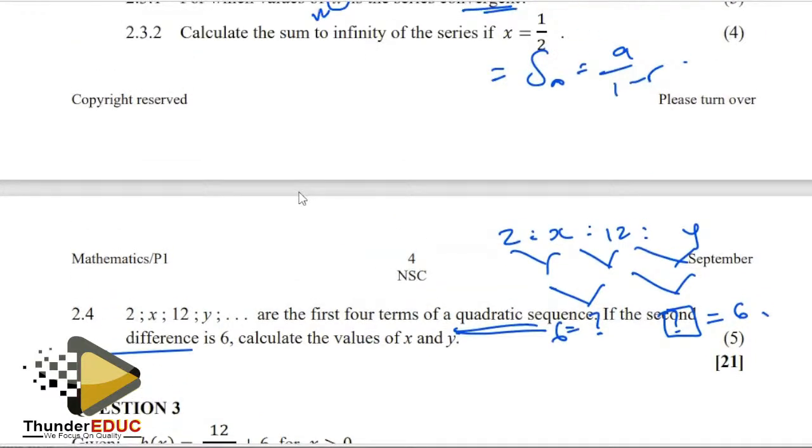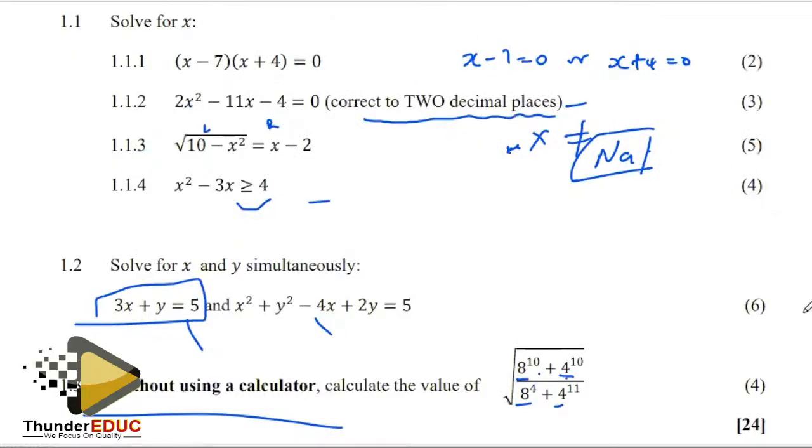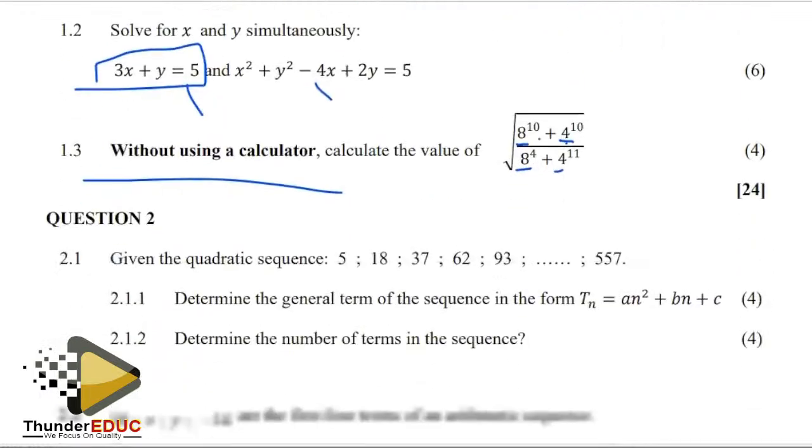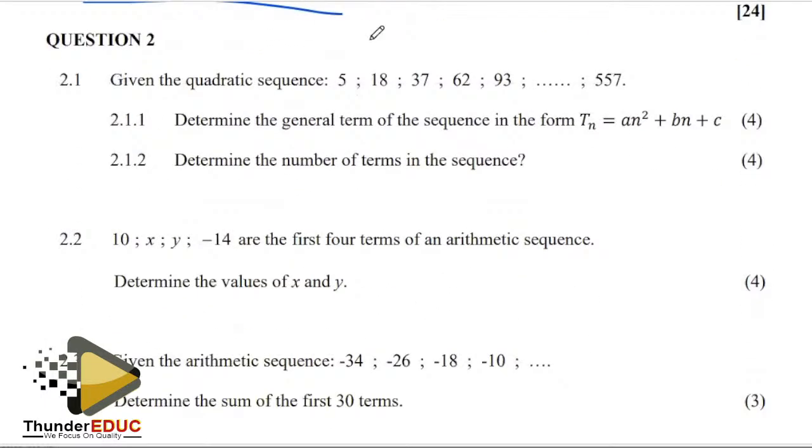Okay, that was just one paper. Let's look at the other one. Okay, so with this one, they are telling us we have a quadratic. So we can get the first difference, which is maybe 18 minus 5, which is a 13, 37 minus that. I don't know. Is it a 9? 29? 19? Okay, someone is saying 19. And then you subtract that and you have your first difference.